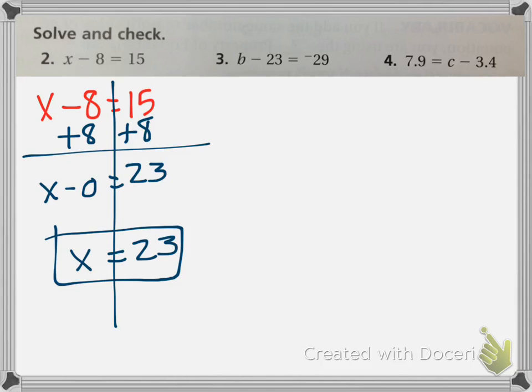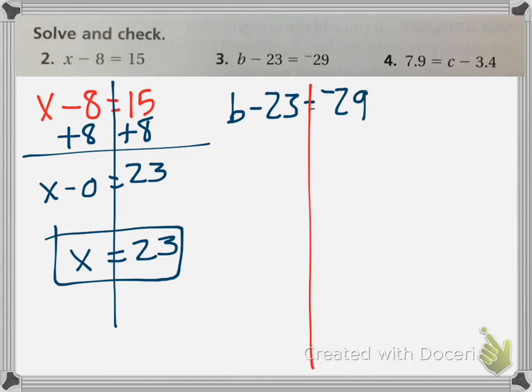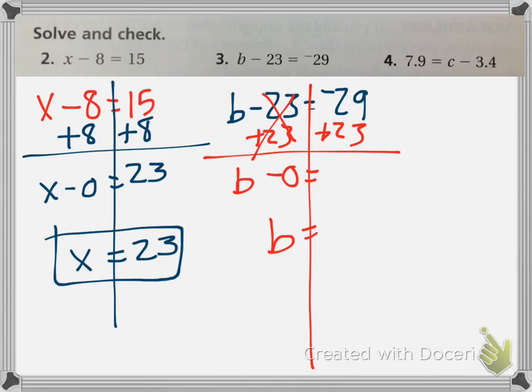Now let's look at the next one. b minus 23 is equal to negative 29. Draw your line. You're going to add 23 to both sides. That's going to cancel this out. b minus 0 equals, which leaves you with just b.